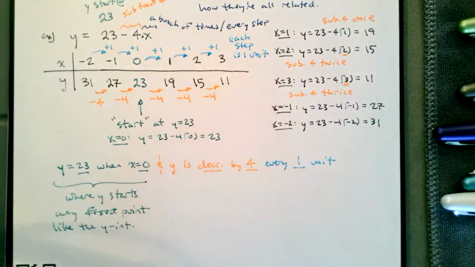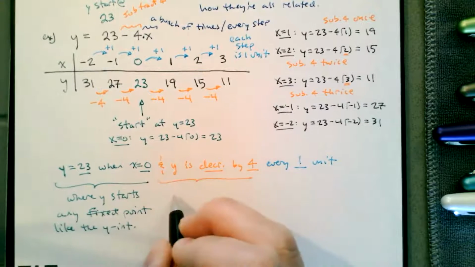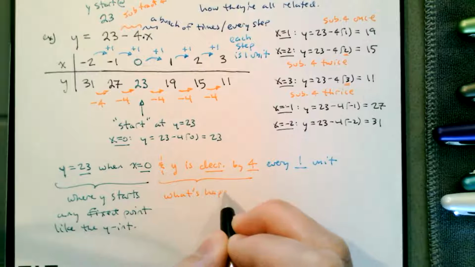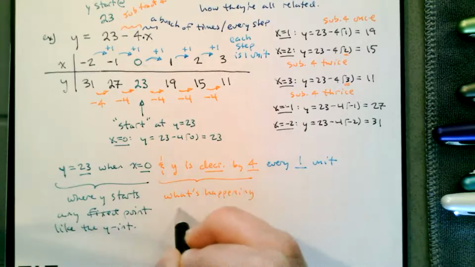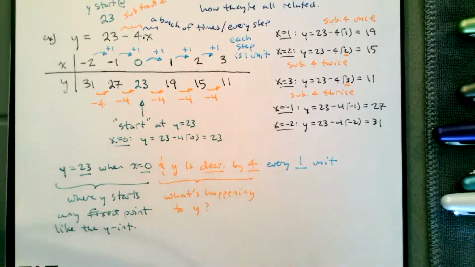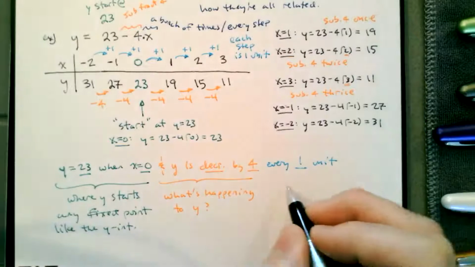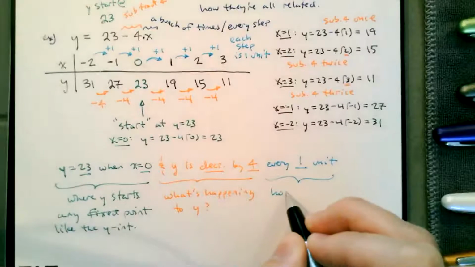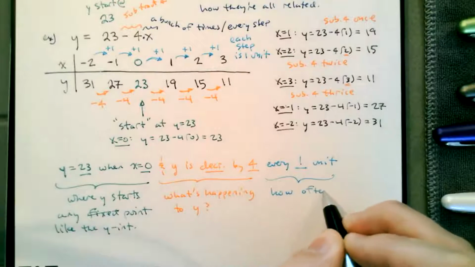Then we notice that y is decreasing by 4. This is a description of how y is changing, what's happening to y. Decreasing by 4, which means subtracting 4. And then finally, this every 1 unit is the step size, or how often that happens.